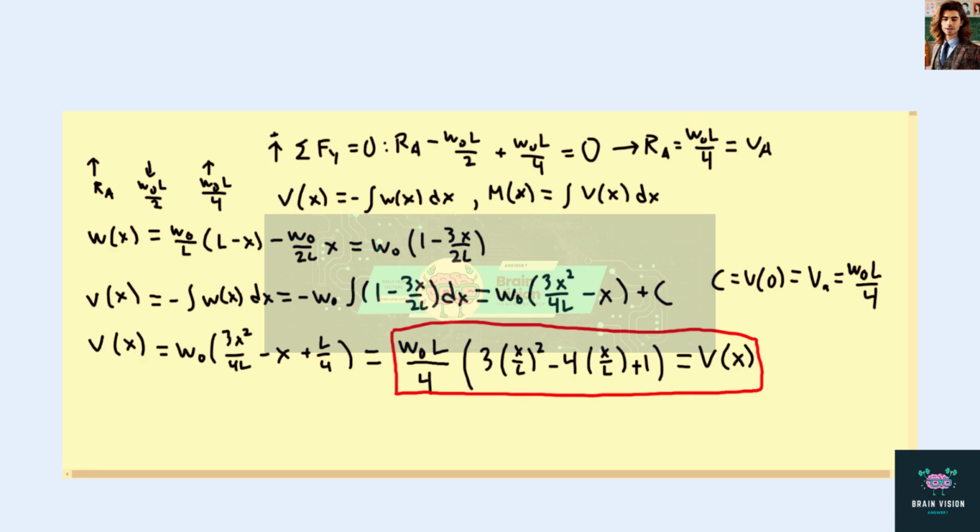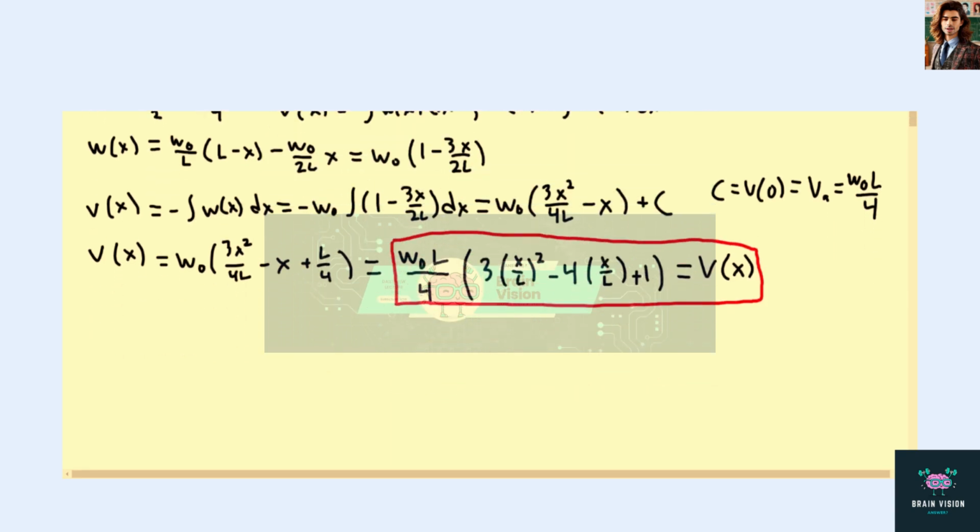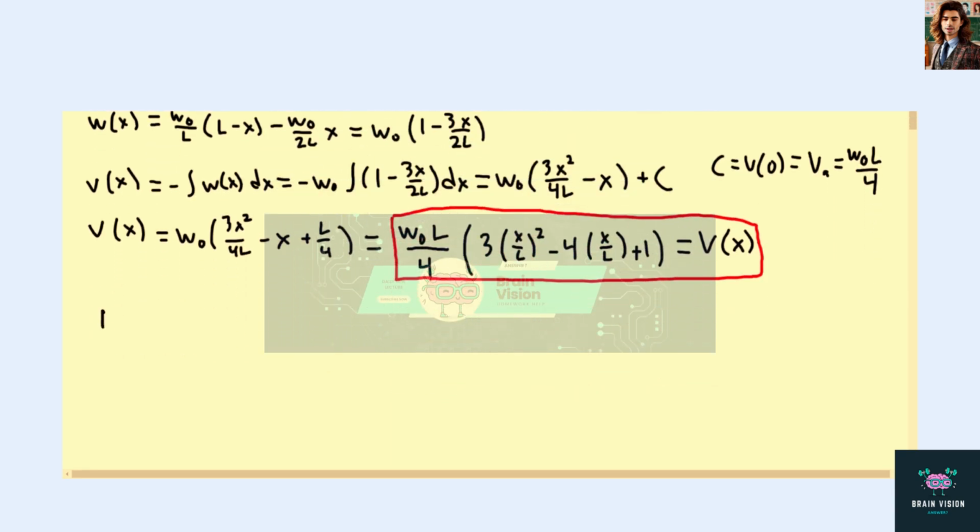All right. Now we can use that to find our M of x. All right, so M of x is integral V of x.